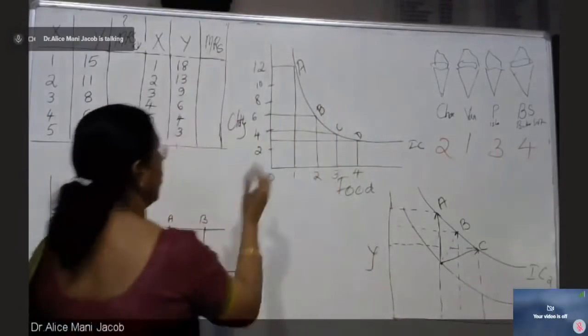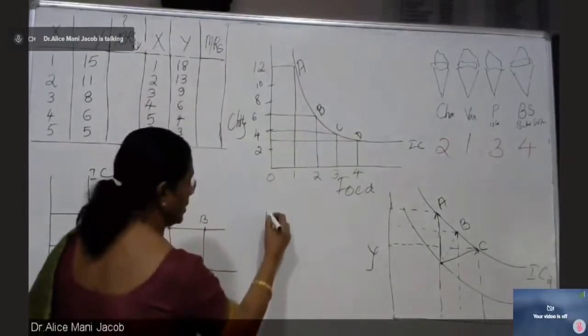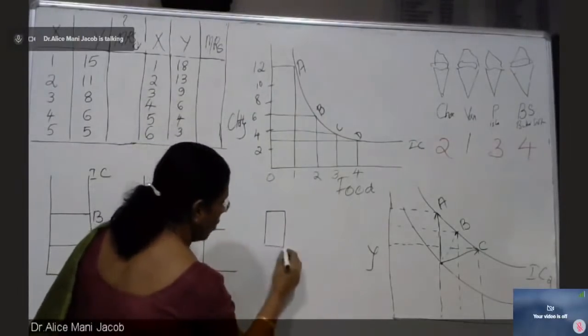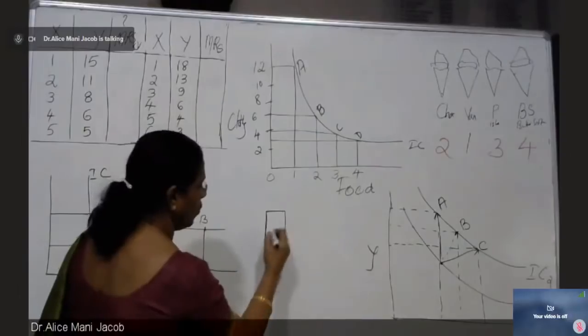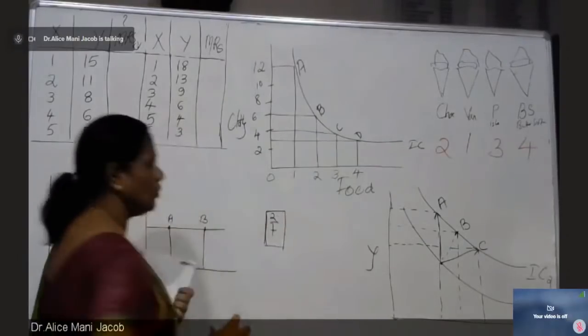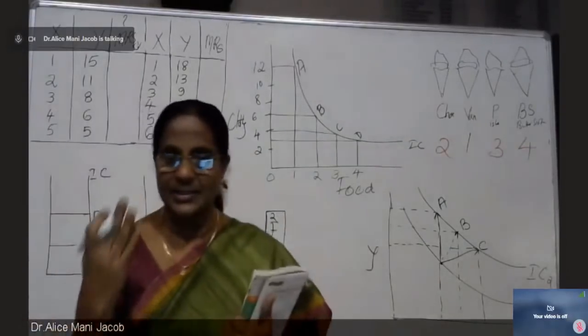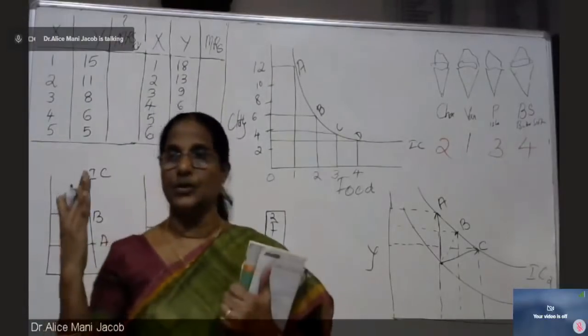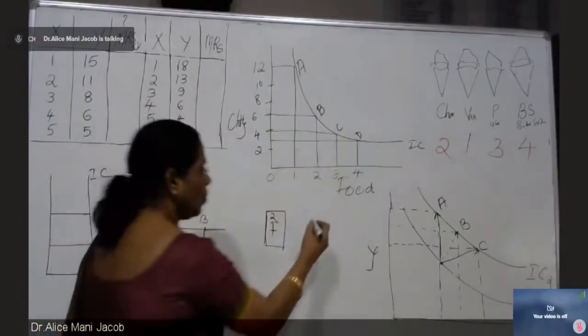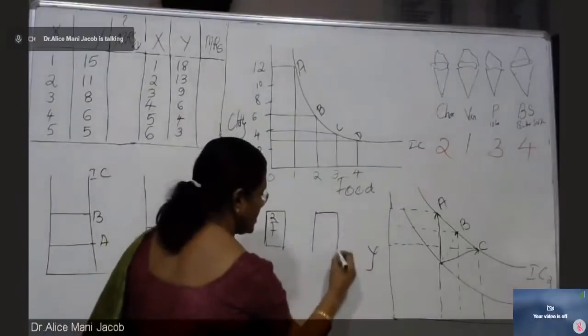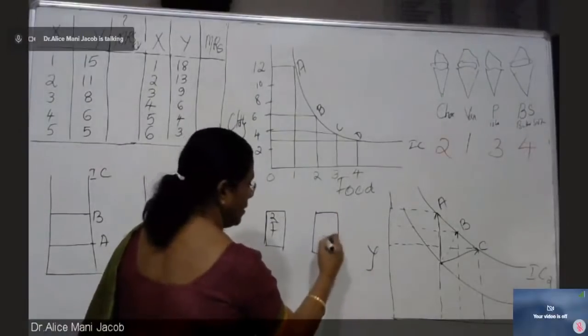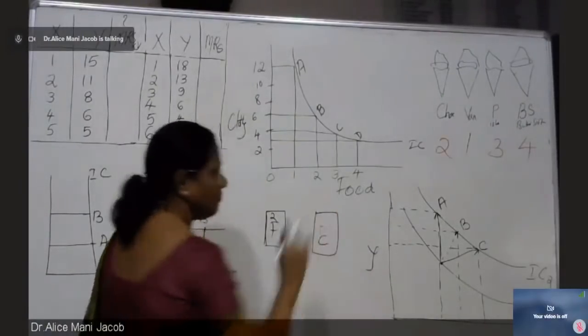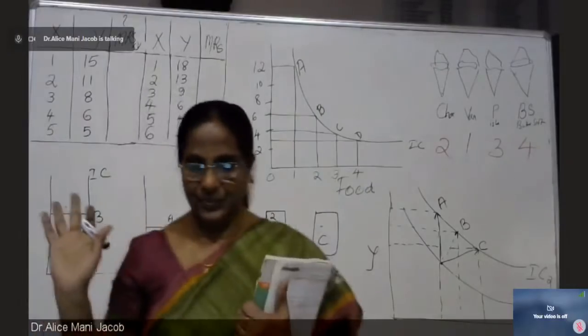I will draw a small picture for your added utility. Okay, one more additional unit of food. The second unit of food adds this much utility to you. So, you should be losing the same quantity of utility from clothing. Right?